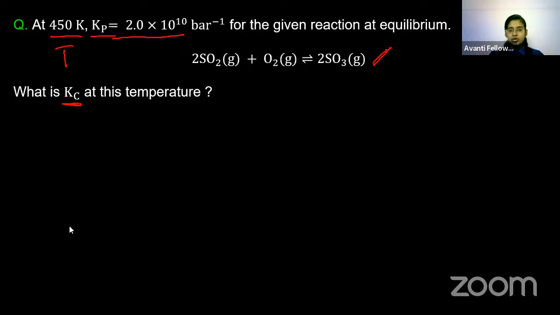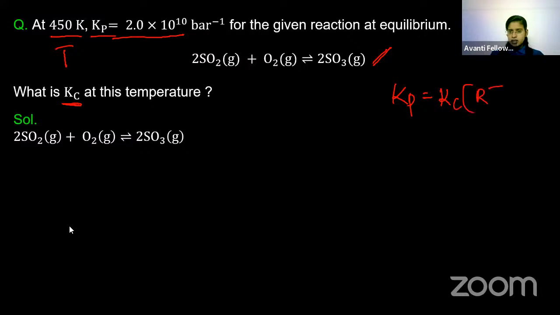So what we have to do? We have to take the Kp-Kc relationship, right? This is the reaction and we have to take Kp is equal to Kc into RT power delta Ng. R is a constant. T is given in the question. Kp is also given in the question.